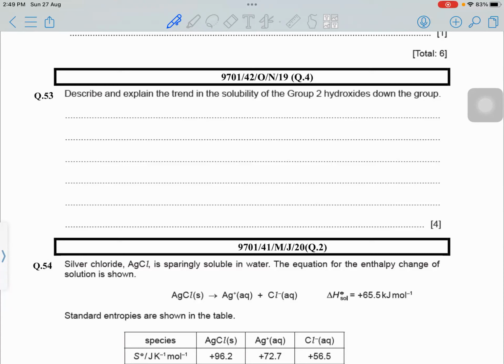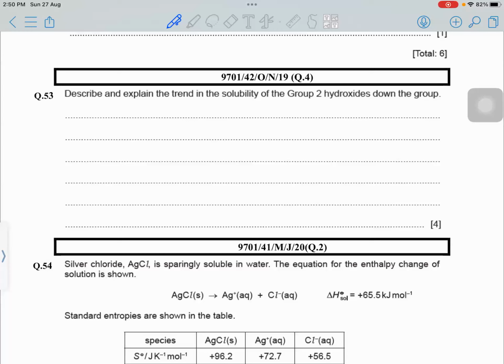So we have three types of question. In the first type, the examiner asks about the group 2 hydroxide, in the second type, the examiner asks about solubility of group 2 sulfate, and the third one is carbonate.